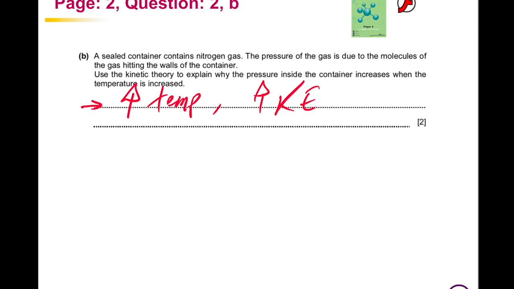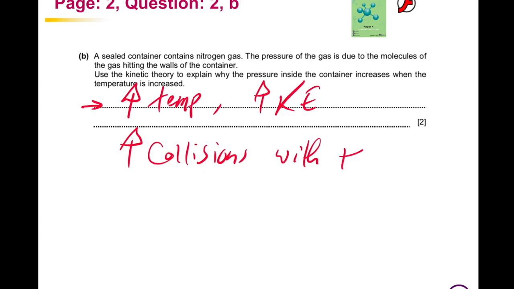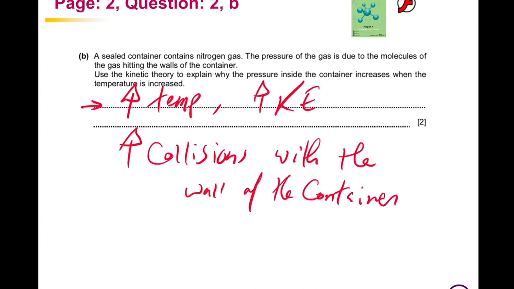Now, when kinetic energy is more, you get more collisions. Not any collisions, collisions with the wall of the container, because that's what pressure is all about.